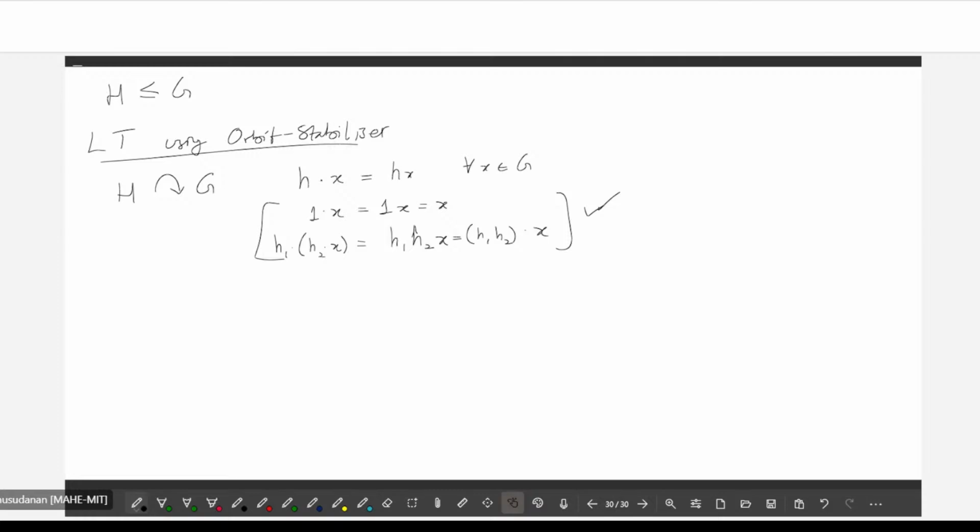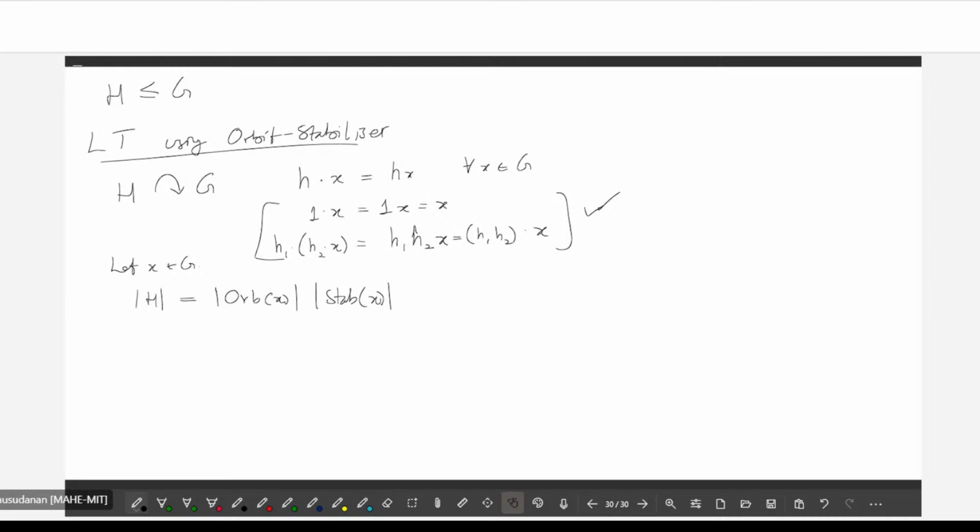Then what does the orbit stabilizer lemma tell us? The order of the orbit of X is equal to the order of the group divided by the order of the stabilizer, for any X. What is the stabilizer of X under this action?